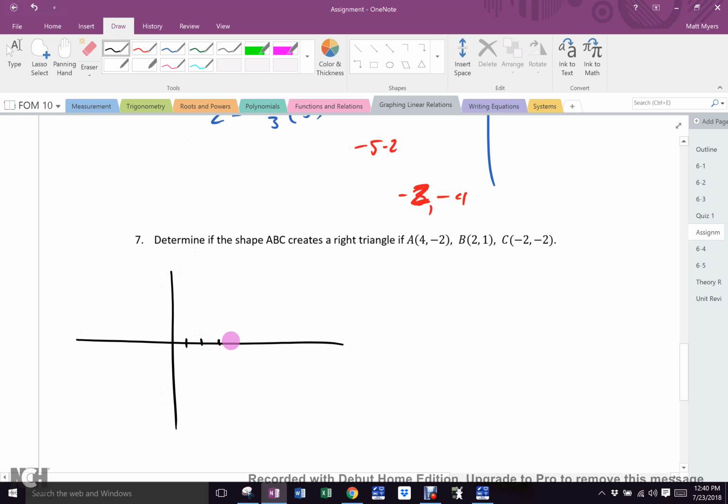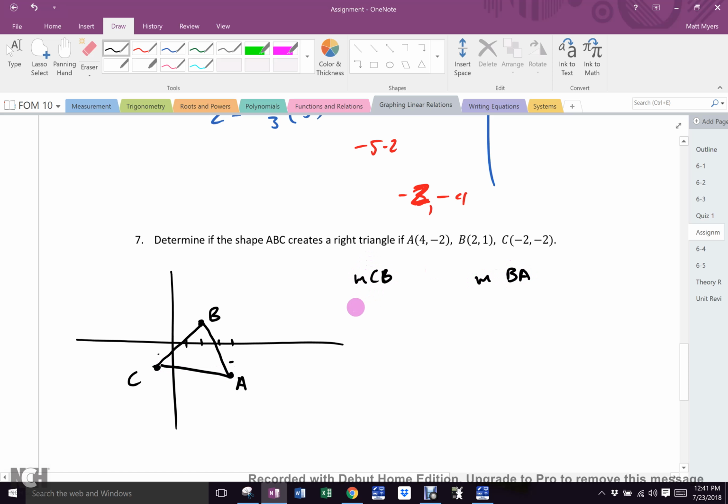1, 2, 3, 4, down 1, 2: A. 1, 2, up 1: B. 1, 2, down 1, 2: C. What's the only possibility? B. So we need to check the slope of CB and the slope of BA.